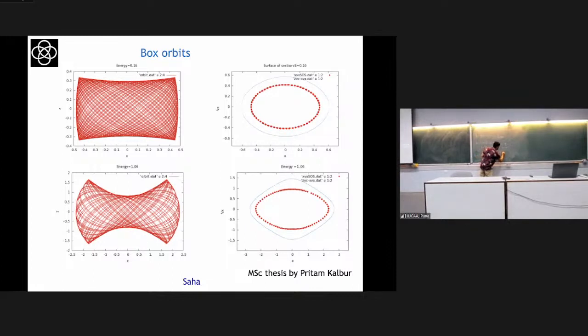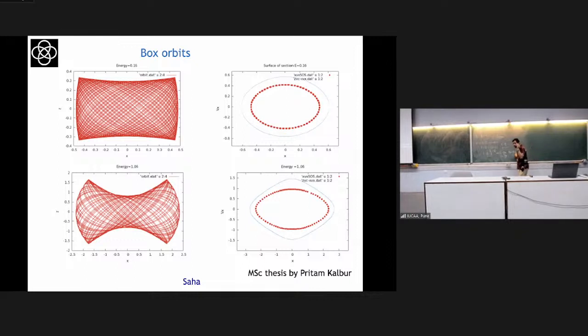R double dot equals minus del phi effective by del R, and z double dot equals minus del phi effective by del z, these two equations. We have phi effective equals phi plus a term which is coming from here, substituting p_phi as L_z. So what's the term here? Effective potential. We have all done it before.